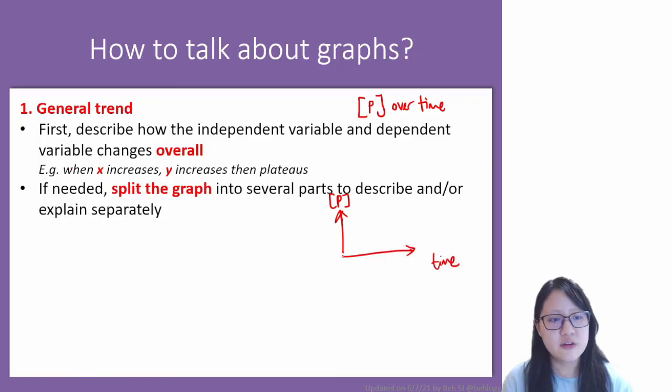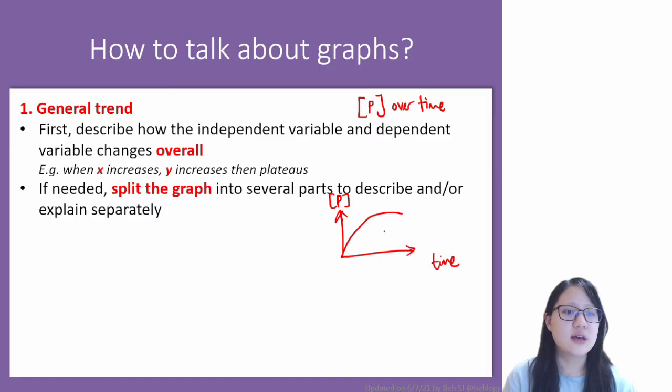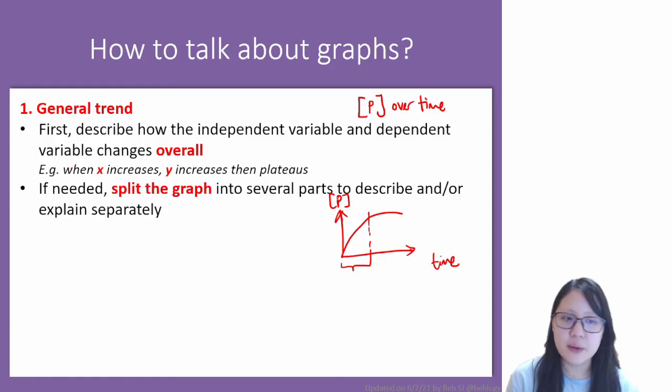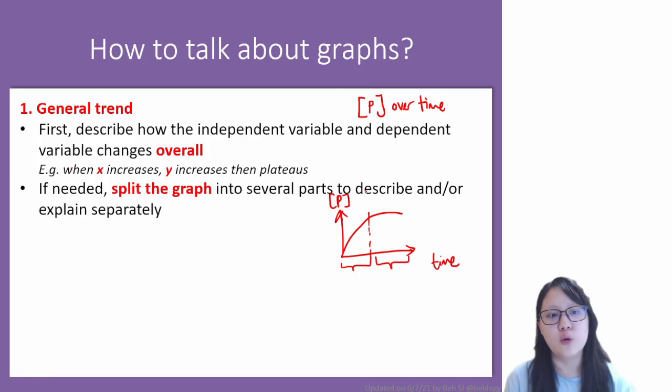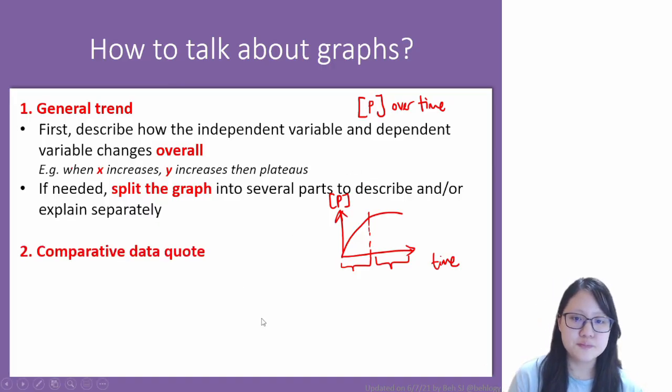If the graph looks like this, then maybe split it in half and say, in the beginning, in the first part of the reaction, what's happening to the product concentration, and then it plateaus, right? So what is happening there as well? Why is it plateauing? So that would be a very good structure for your answer.